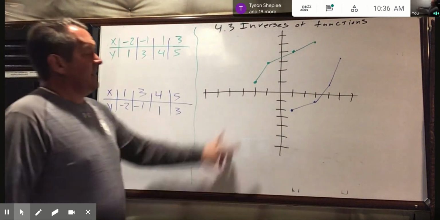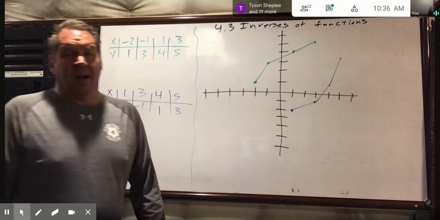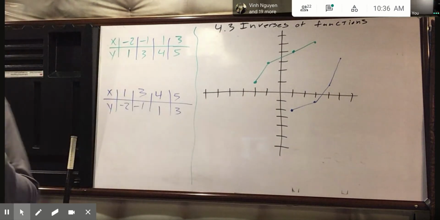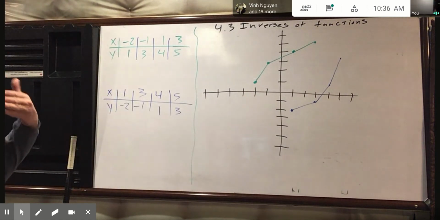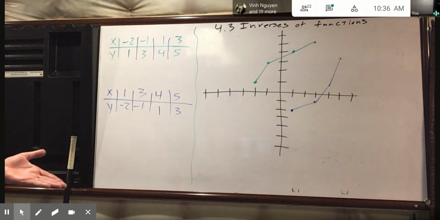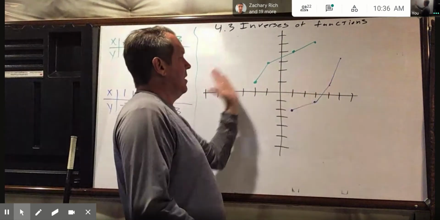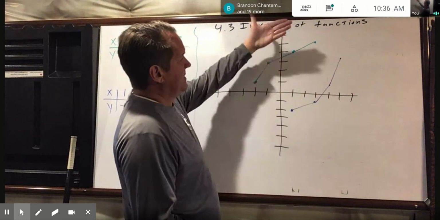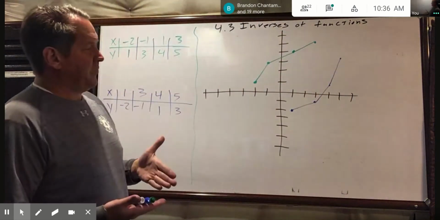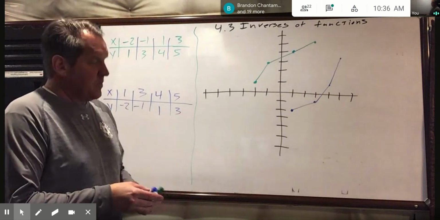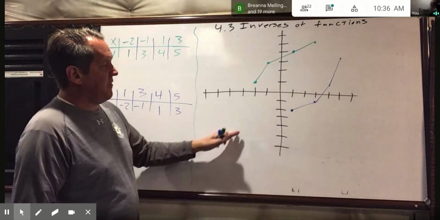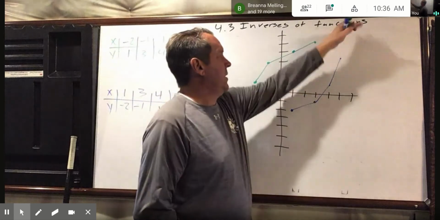Now, these 2 are inverses. What you're going to find about inverse functions is they end up reflecting each other. Now, usually people expect reflections to happen flipping over the y-axis or flipping over the x-axis, but inverse functions flip over the line that comes through at a 45-degree angle through here.